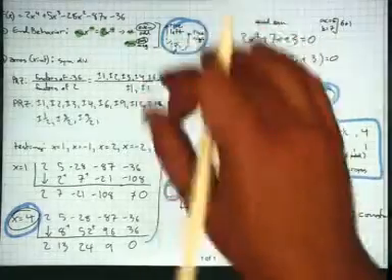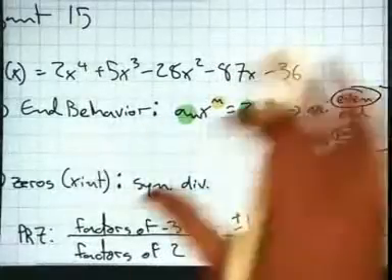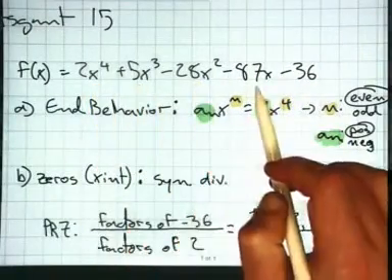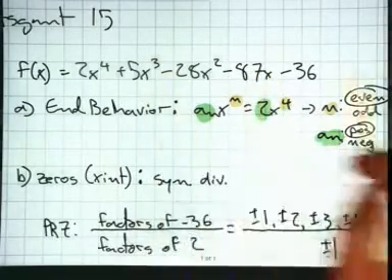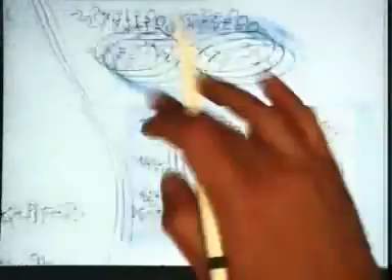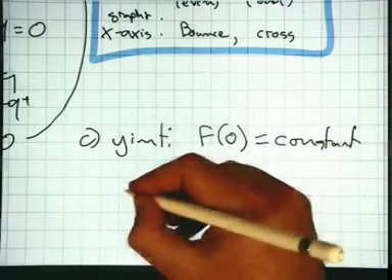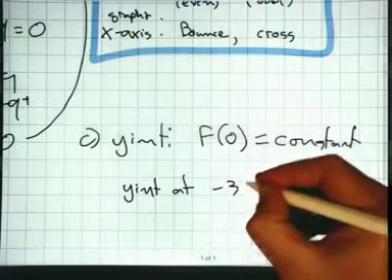So if I look at my original function way over here, when I plug in 0 for all of these x's, this becomes 0, 0, 0, 0. 0 plus or minus 0 is always 0. What are we left with? A -36. So my y-intercept is at -36.